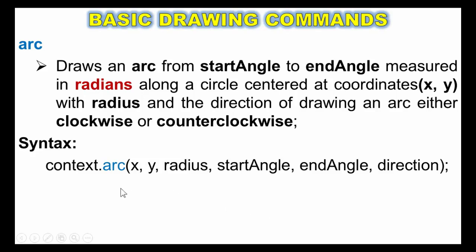The syntax, you write the keyword context followed by a period, and then the command arc. You specify the center of the arc at x, y, the radius of the arc, the starting angle in radians, the ending angle in radians, and then the direction, which is true or false, a Boolean value.